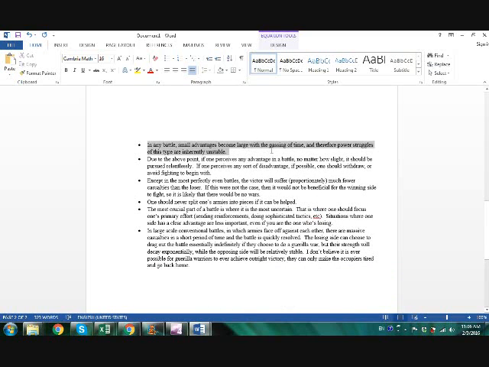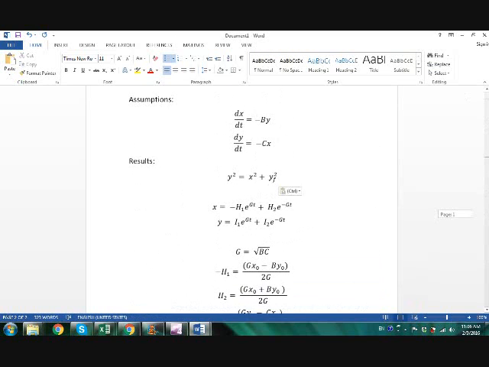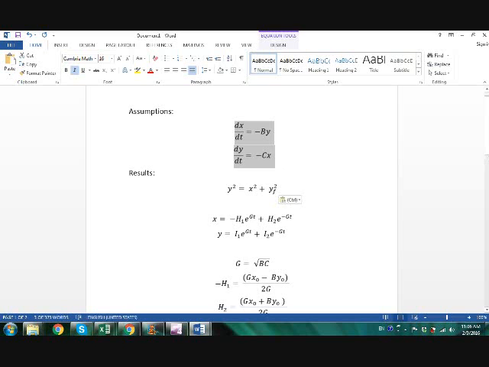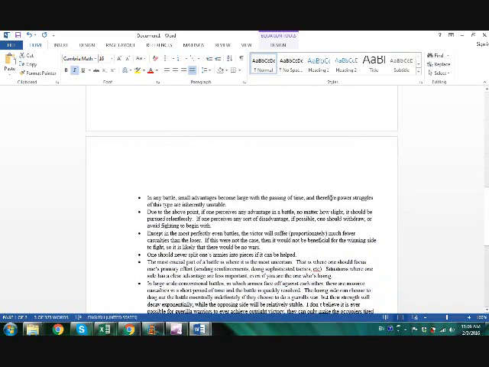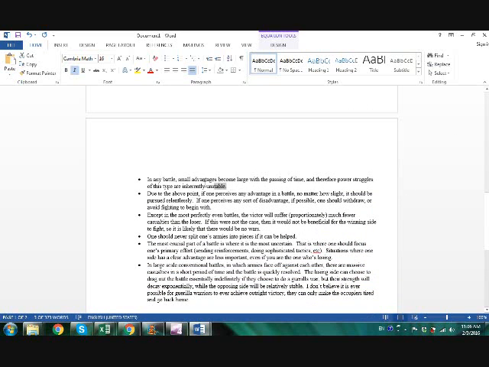I concluded that power struggles fitting this initial assumption, this differential equation, are inherently unstable, and therefore in any battle of this type, small advantages become large with the passing of time. So because of that, if you're winning, you should keep pushing really hard and not let up, and if you're losing, you should try to run away or avoid fighting, if possible.